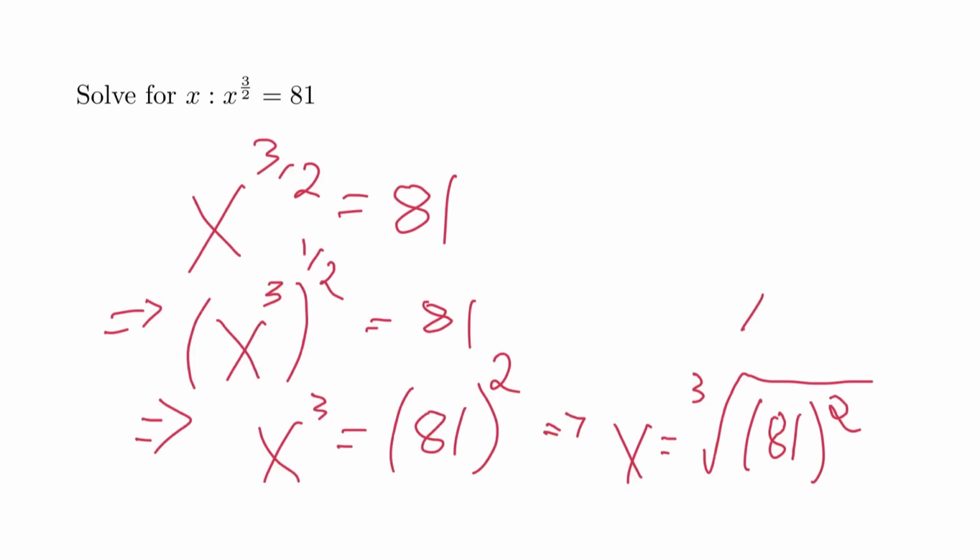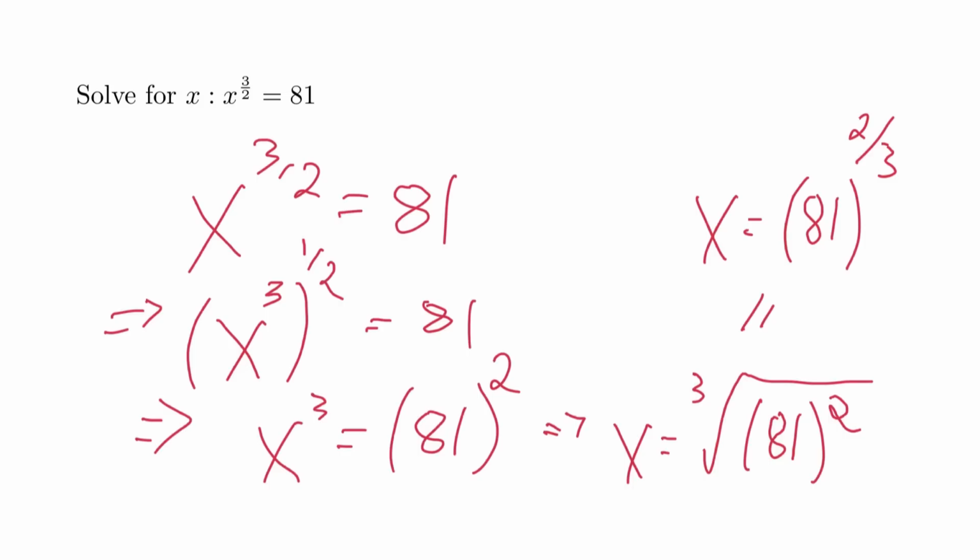And that may or may not be something that's easy to compute. Typically, you will use a calculator at this point to actually get a decimal representation of this number. Or for the CLEP exam, sometimes they'll just show you the solution like this, as a mix of roots and powers. So if you like, you can also write this in a rather compact way as x equals 81 to the 2/3 power.